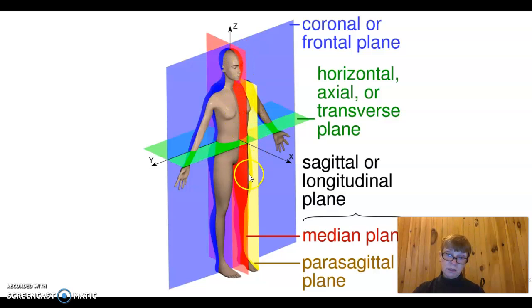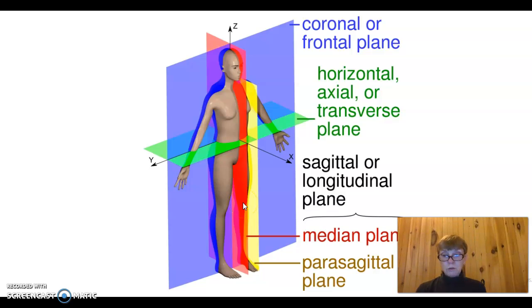So here we have midline, and here I'm following that nice yellow. Inside of that would be the median. Outside of my middle would be the parasagittal. For example, if I needed to open up the shoulder and take a look at that, or open up the pelvic area, I would not be doing that midline, the abdominal cut. I would be doing that on the opposite side. It still would be a longitudinal cut, but it would be a little bit different.